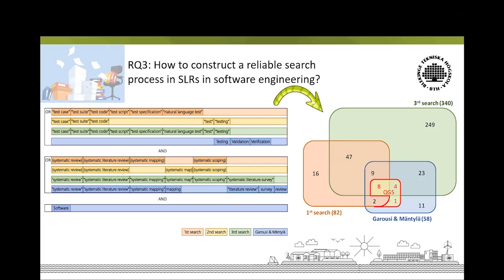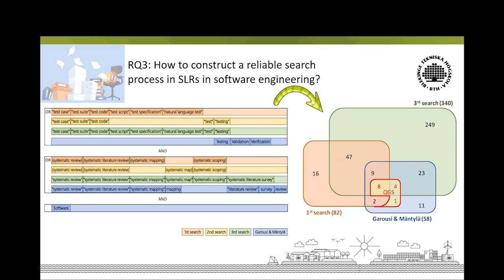Therefore, at the end, we don't make use of that. And also the results of the second search are basically a subset of the third one. So here we don't discuss the second search anymore. We have the first search, and the search results of the other tertiary studies, or the reference.